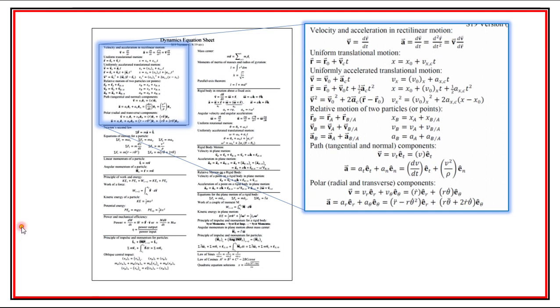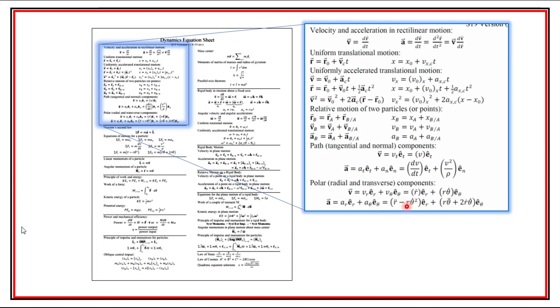Sorry about that disjointed thing. We have our tangential coordinates right there. Velocity is just a magnitude times the tangential unit vector. Acceleration has 2 parts: the tangential, which is the change in speed, and the normal, the so-called centrifugal acceleration, v squared over rho. In polar, we have r dot for the radial component and r theta dot for the transverse component.